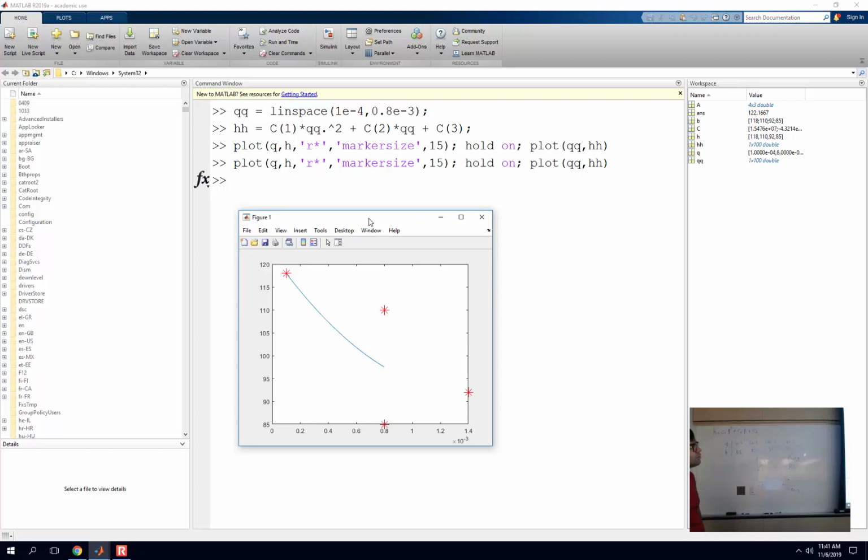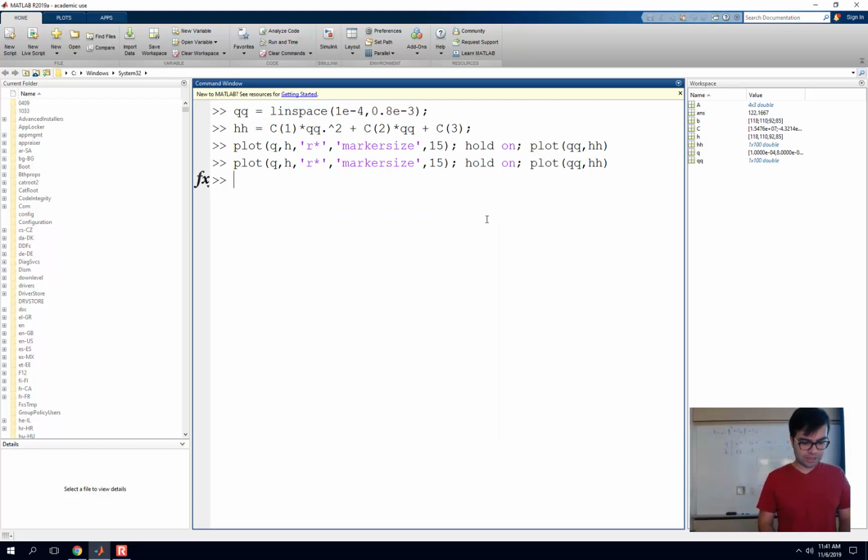Why is it not going all the way to the end? Oh, because the maximum value is 1.4e negative 3. I made a mistake here. So my linspace, instead of 0.8, should be 1.4e negative 3.